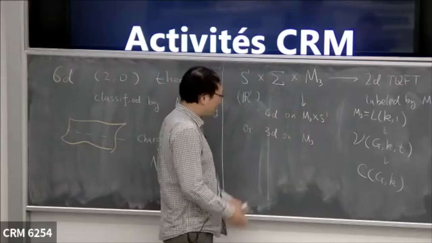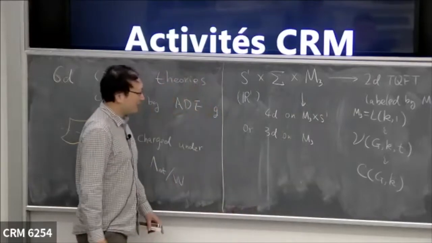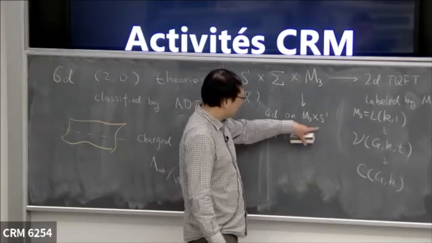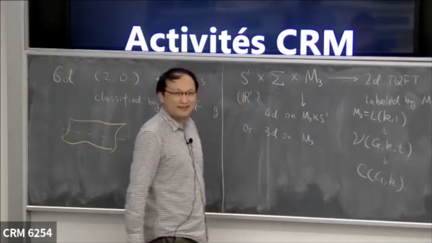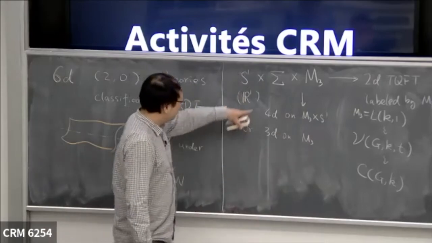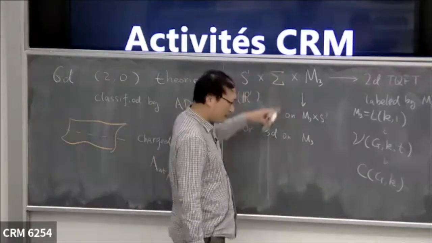And then here one can ask whether we can have some interesting 4D TQFT or 3D TQFT obtained by this, and they are going to be labeled by sigma.